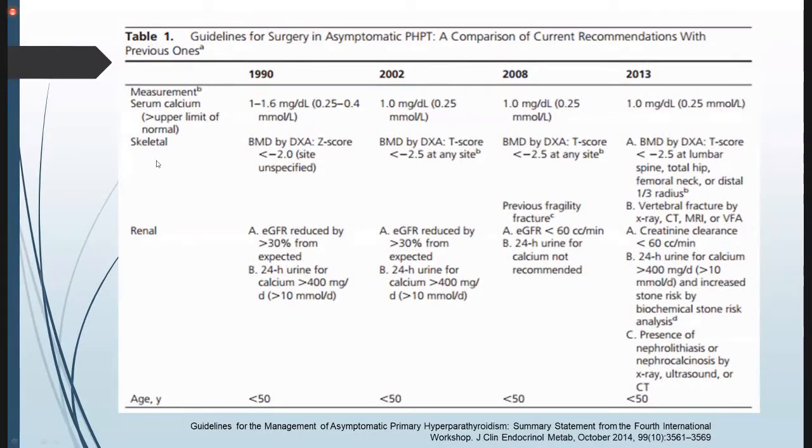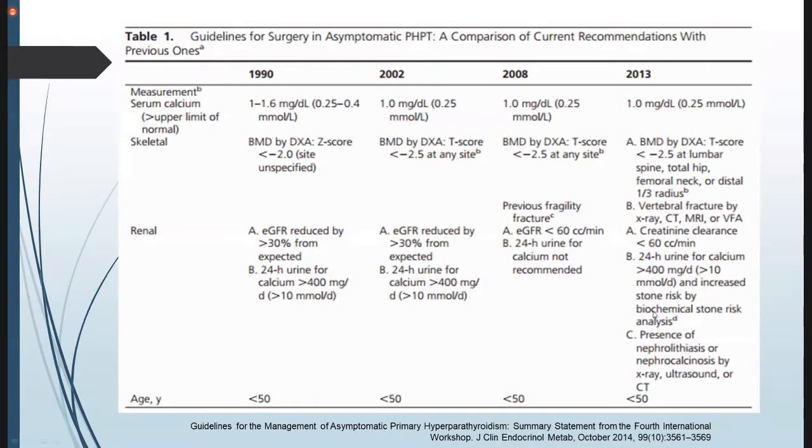Okay, and if the bone mineral density shows a t-score of less than -2.5 at lumbar spine, total hip, or distal 1/3, or a vertebral fracture is observed by X-ray, CT, MRI, the kidney function shows creatinine clearance of less than 60, the 24-hour urinary calcium is more than 400, because that is increasing the stone risk, by biochemical risk profile. Or if there is already a stone, that is nephrolithiasis or nephrocalcinosis in the kidneys by doing ultrasound or X-ray, whatever, then these are the indications of surgery, because these indicate what?